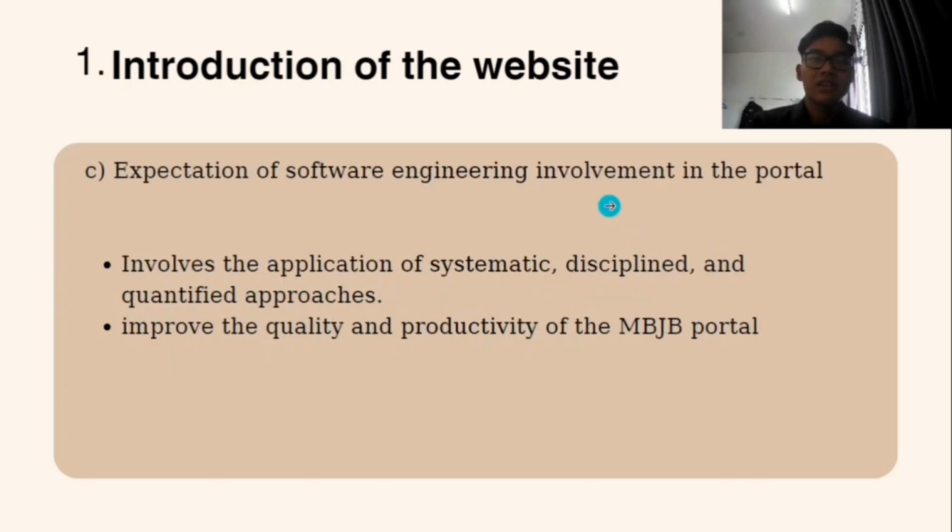Next is expectation of software engineering involvement in the portal. In the MBJB portal, it involves the application of a systematic, disciplined, and quantified approach. This approach can help to improve the quality and productivity of the MBJB portal.